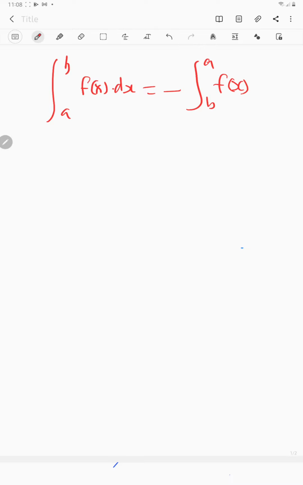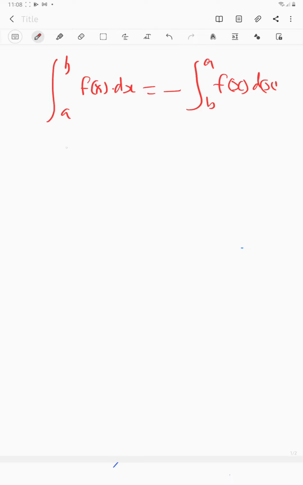Now, finally, I want us to look at it in this particular way. If we have the integral from a to b of f(x) dx, this is the same as the negative of the integral from b to a of f(x) dx, so it's like reciprocating. So you can reverse them.